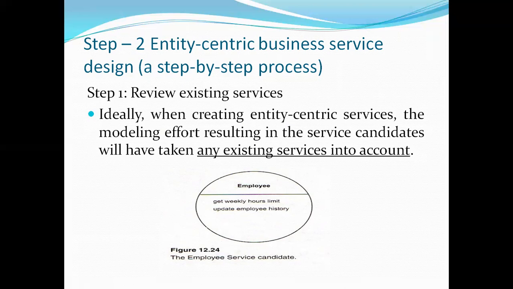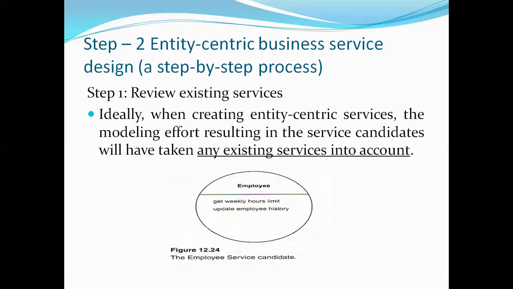So in case of the employee entity, the service candidates are the methods performed on the employee entity. The first is get weekly hour limit. So for every employee working in a particular week, there is a fixed number of hours, the weekly hour limit. So retrieve that data from the entity database. Then update employee history.